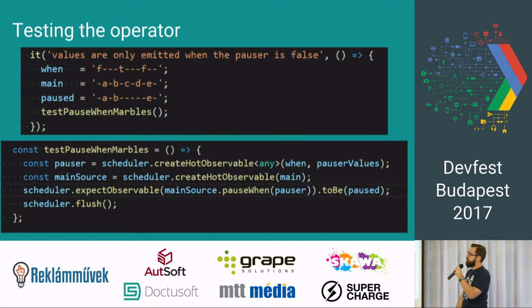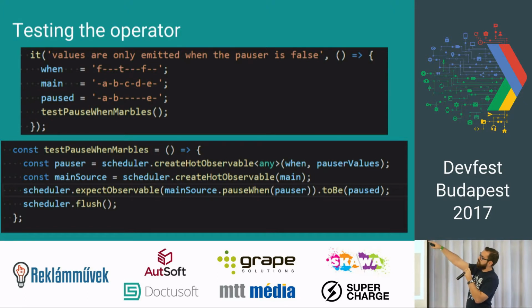So basically we are testing that when the conditional observable emits a true value, we stop emitting values from the main observable. As easy as that. There are no callbacks. I didn't write any callback, just putting some strings and asserting that it should look that way.